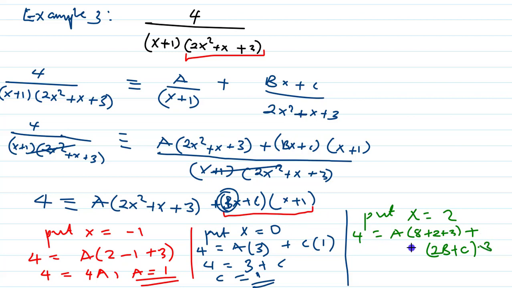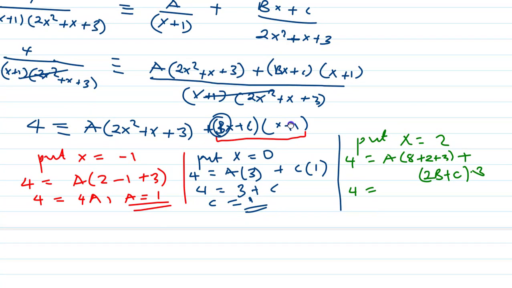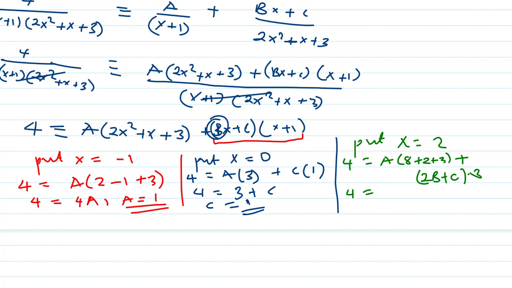That's 2 plus 1. So we have 4 equals 13a plus 3 times 2b, that's 6b plus 3c.